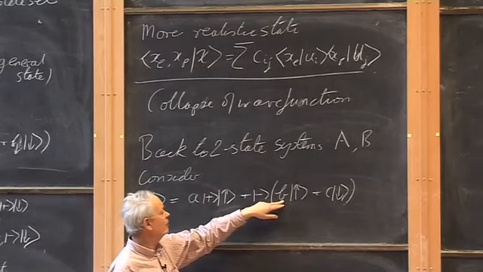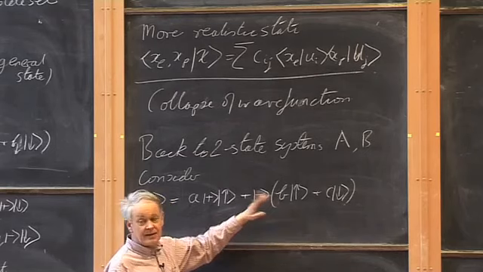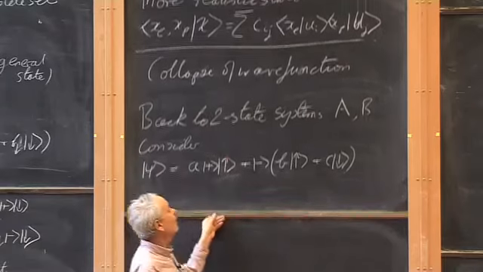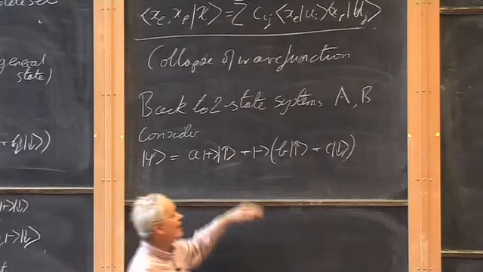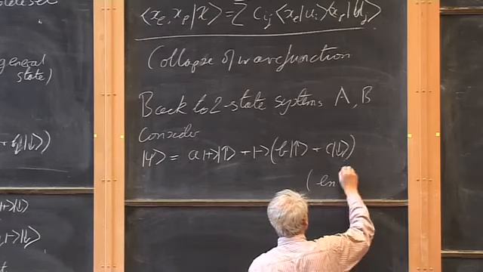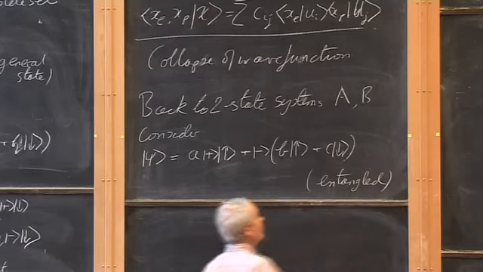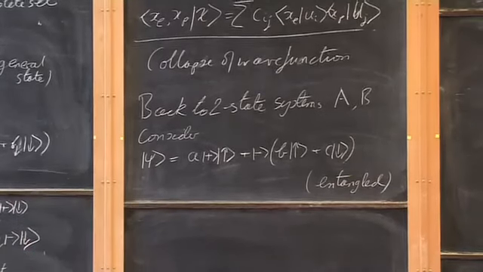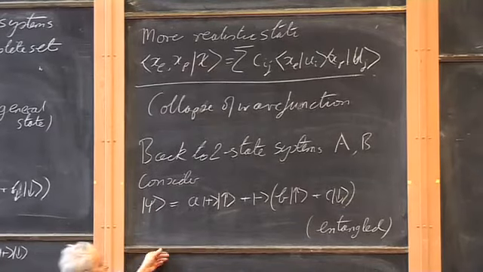This is the amplitude for finding that A is minus and B is up, etc. This state is, as it turns out, entangled. That is to say, you won't be able to write this as a product of a state A and a state B. So this is more realistic than the states that I was discussing before. Okay.